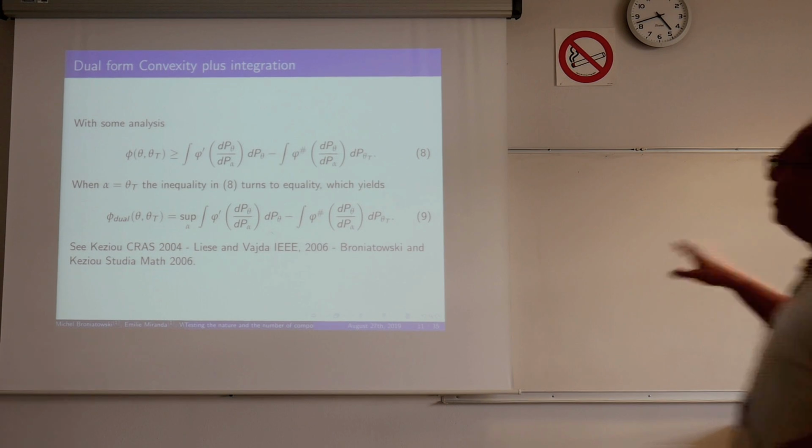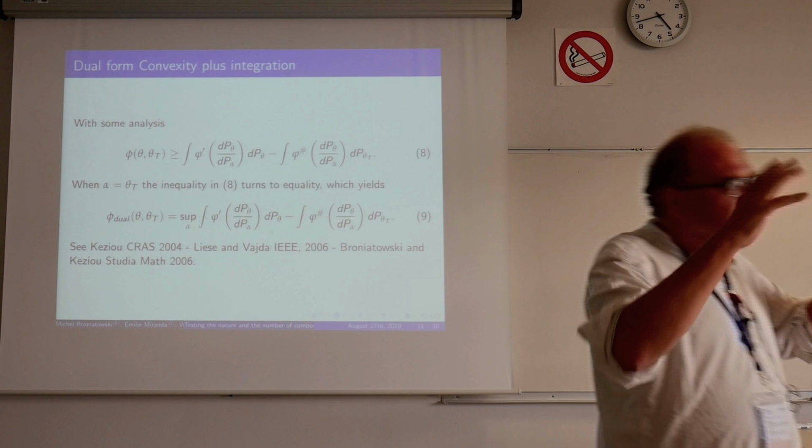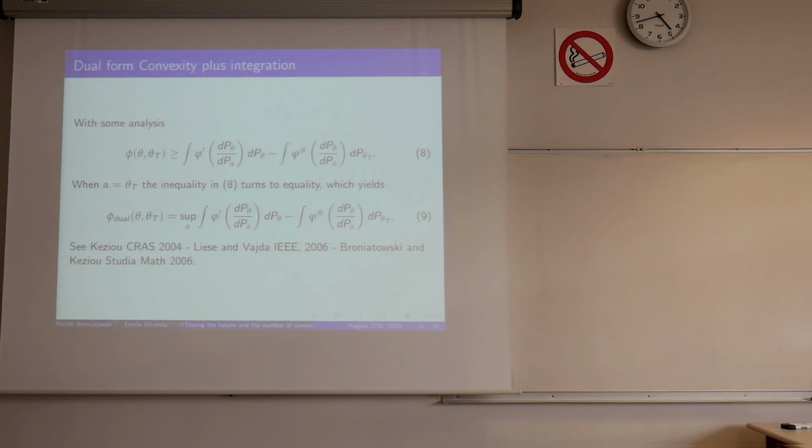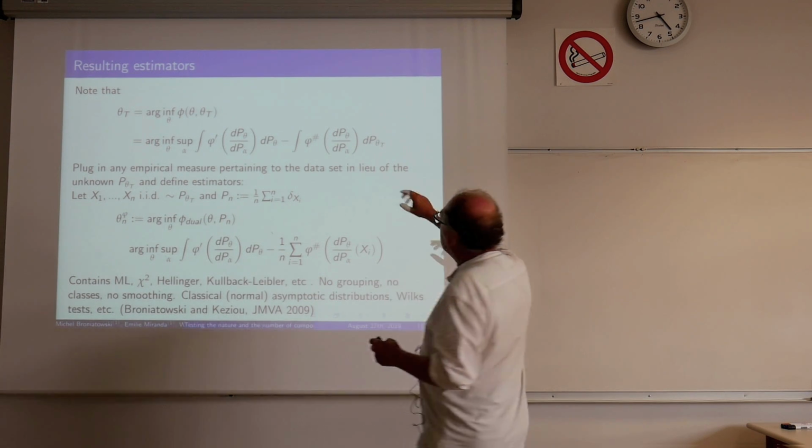There are other forms of this in various contexts. This is a form, globally, if we extend this form in another setting, it turns out to be, for example, for the Kullback-Leibler, what is well known in large deviation theory for the variational form of the Kullback, it's exactly the same kind of thing. Resulting, okay.